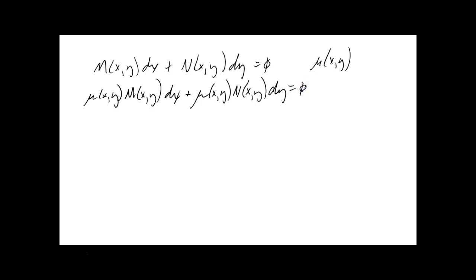And what if this magical mu you came up with made it so the partials, your test partials that you did, were equal? Then you could do this, okay? Make it an exact differential. In an attempt to find that mu, we turn back to criterion 4 for exactness. And I don't even remember where criterion 4 for exactness is.